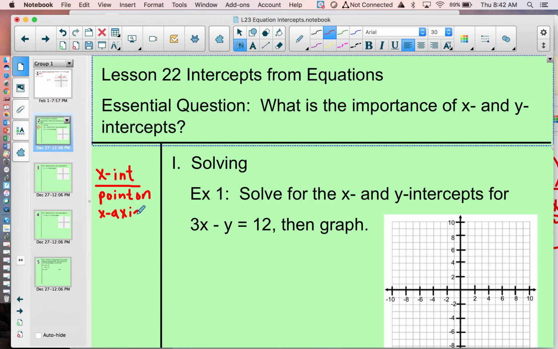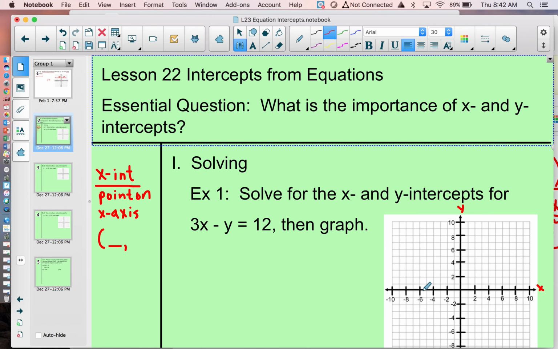But any point on the x-axis is going to have an x value. And then what's the y value? Well, just pick an arbitrary point on the x-axis. Let's say I pick this point, (2, 0). That's on the x-axis. This point, (4, 0). It's on the x-axis.